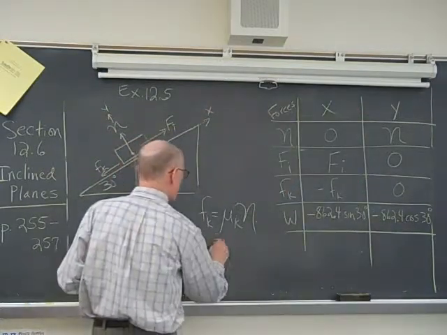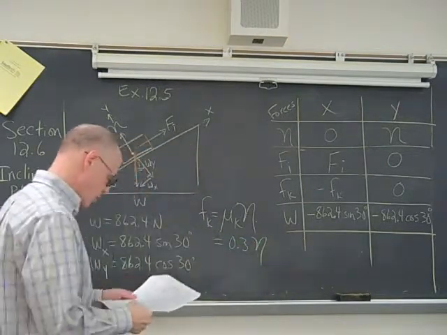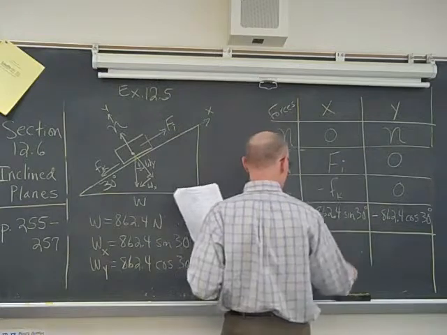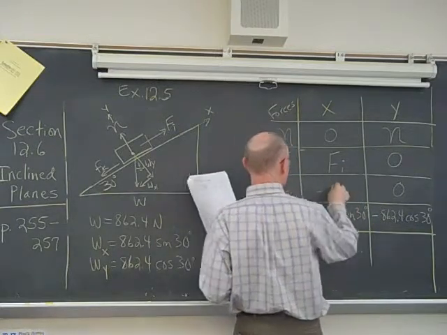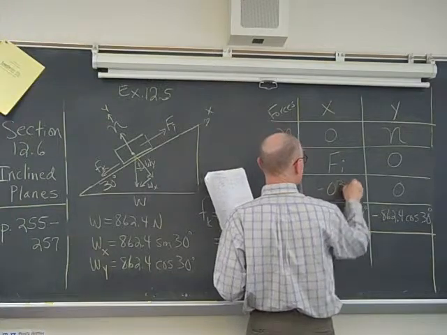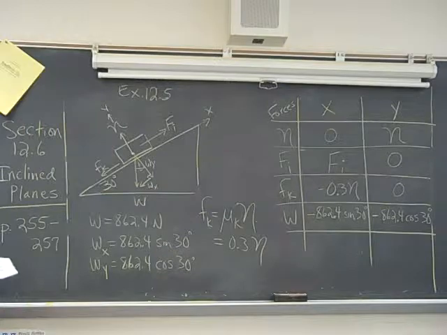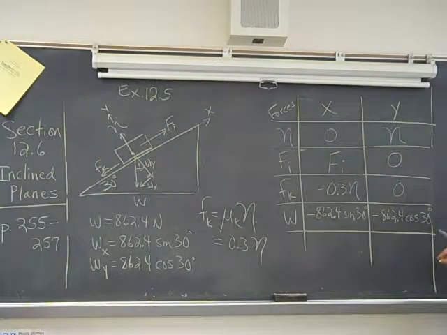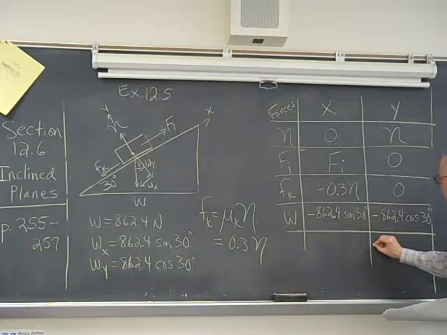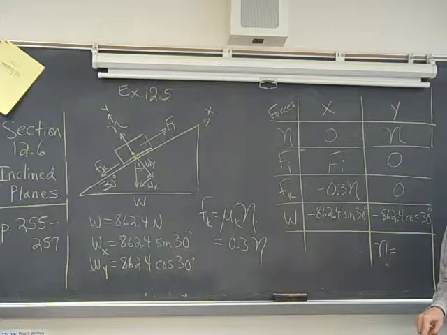So this ends up being 0.3 times the normal force. And this is, again, still in the negative x direction. So there we go. So we can set each of these columns equal to 0 since we're in an equilibrium situation. We have motion, but we don't have acceleration, so we're going to consider this equilibrium.